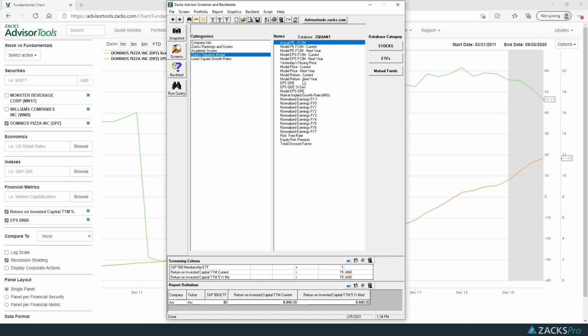In a nutshell, what this does is we look at the forecast earnings growth of the company, specifically based on analyst forecasts, and we look at the current PE multiple as well as the current macroeconomic risk environment based on the risk-free rate, which is the 10-year Treasury yield, plus an equity risk premium, to give us a fair valuation of the company. So essentially an intrinsic value estimate.